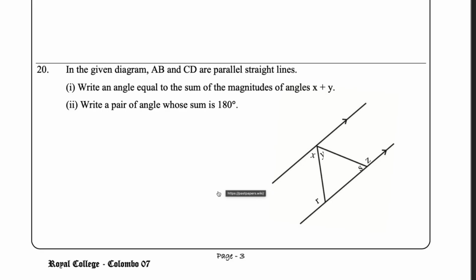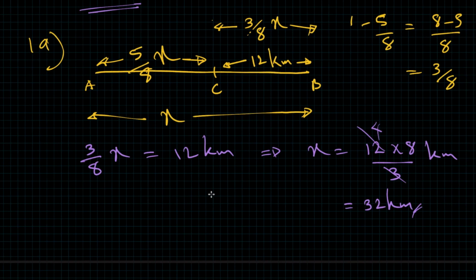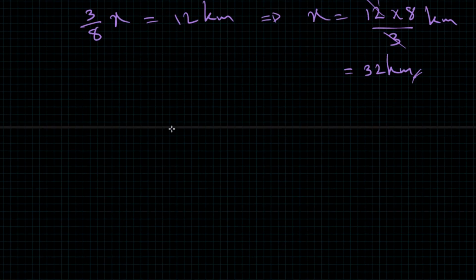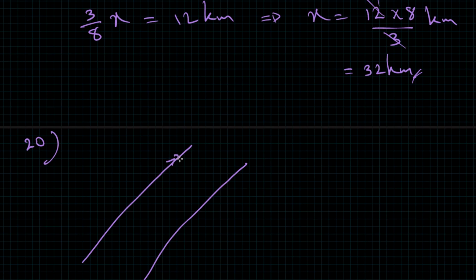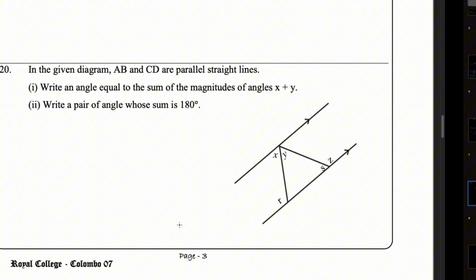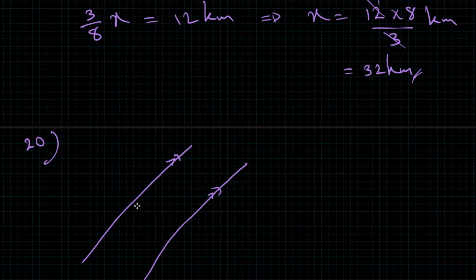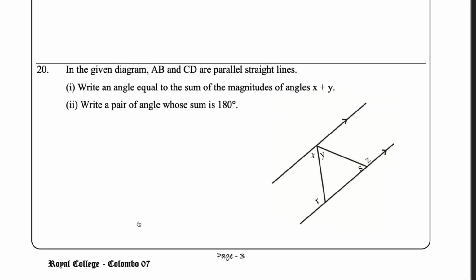Okay, let's go back to our board and draw this diagram. Number 20. Now we have 2 parallel lines, and a triangle-like shape. Then what are the values?